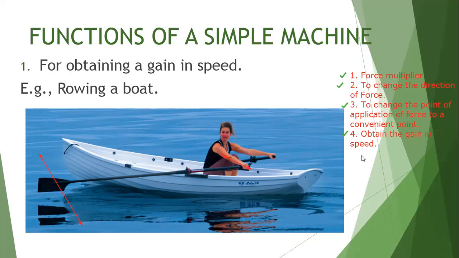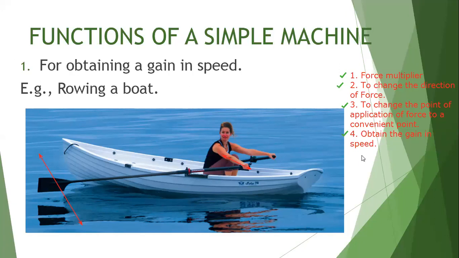Remember class, I can use a machine to fulfill one task or two or three, but there is no machine designed which can fulfill all these four tasks at one go. Are you getting it? There is no machine design which can fulfill all the four tasks simultaneously.